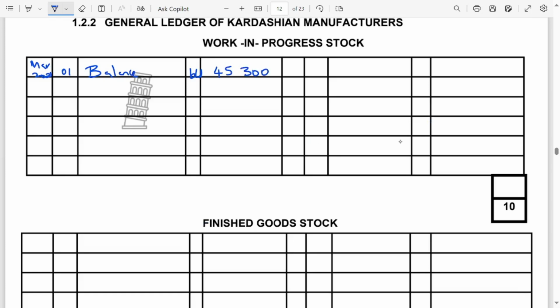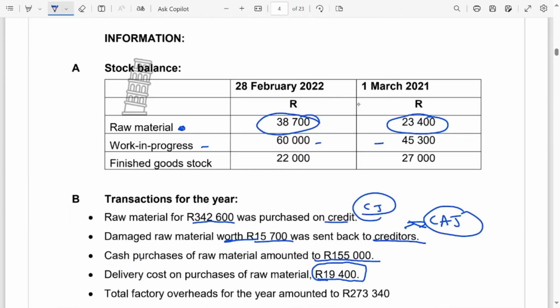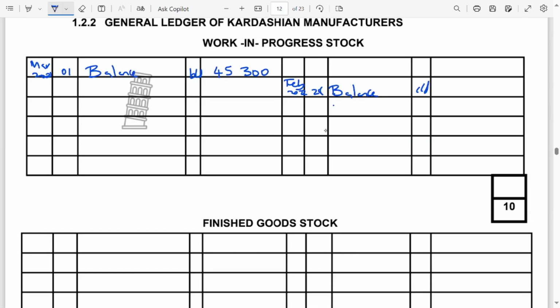And then we are given a closing balance on February 2022. So it's how much? 60,000. Right?